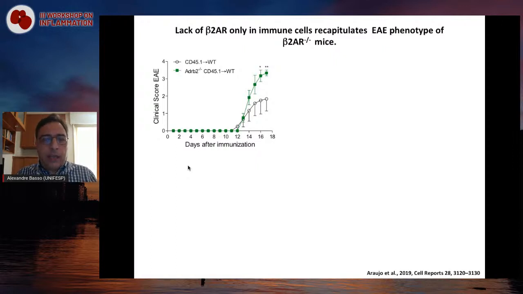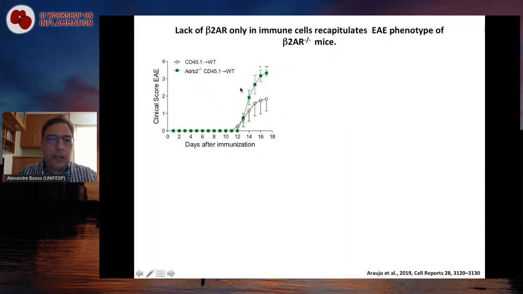So to interrogate that, we did these chimera experiments in which we had irradiated wild type recipients being reconstituted with either bone marrow cells coming from wild type congenic animals or congenic animals that are deficient for the beta-2 adrenergic receptors. And we can see here that the lack of beta-2 only in immune cells recapitulates the EAE phenotype of the entire knockout.